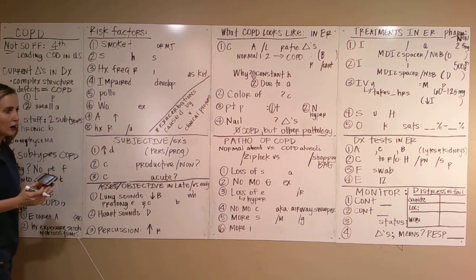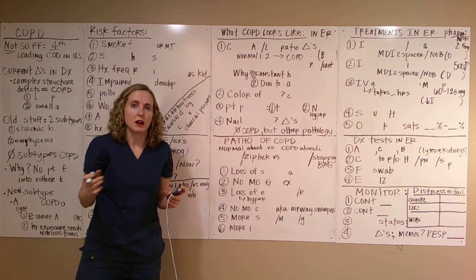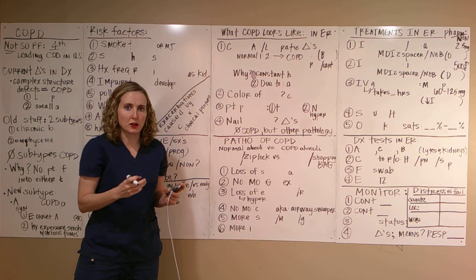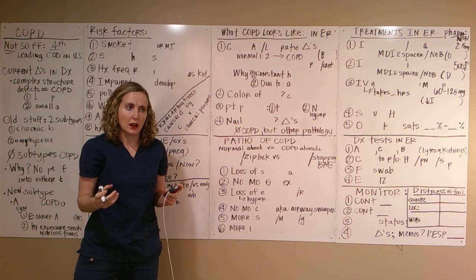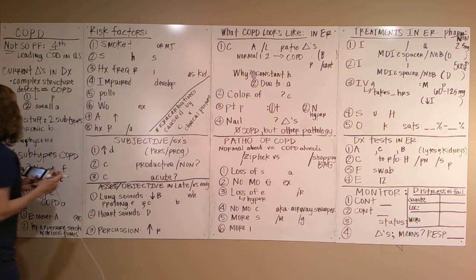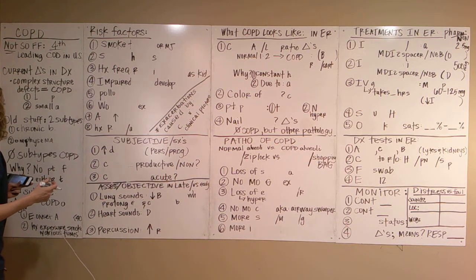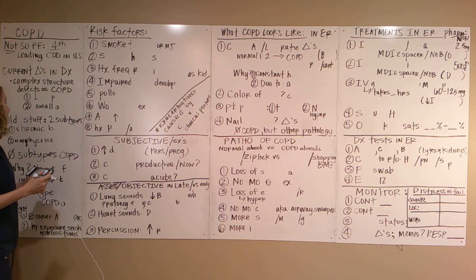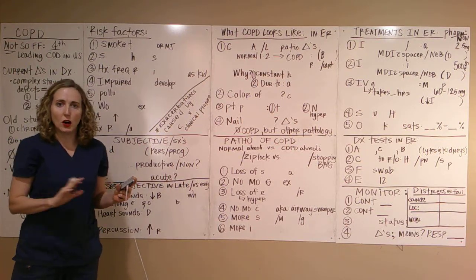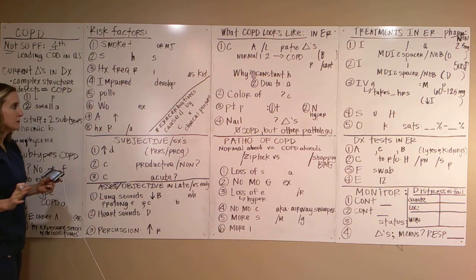Most patients will have different aspects of chronic bronchitis and emphysema, and so that's why they just decided to call it just COPD, okay? So we have just COPD and everybody's in one category. They're all chronic obstructive pulmonary disease.